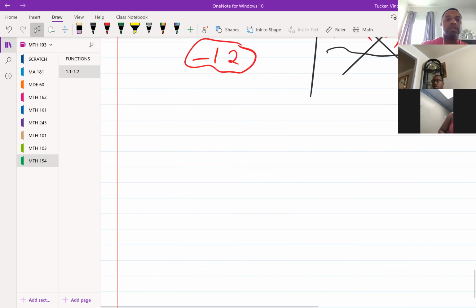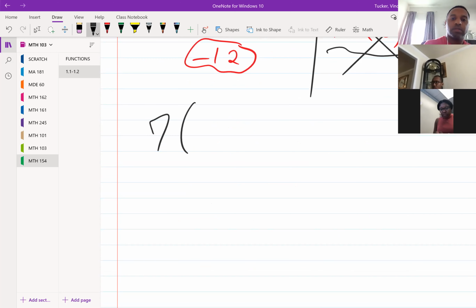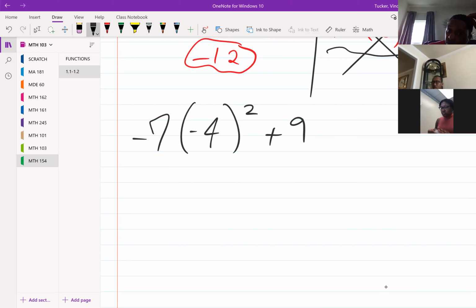Another one I saw in there. Oh, they had it the wrong way. Well, it doesn't matter. Do it that way. Negative 7 times negative 4 squared plus 9.